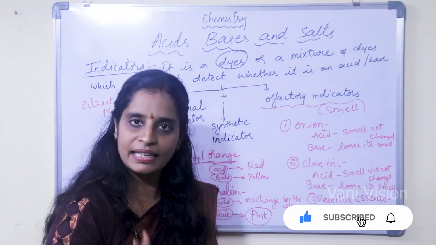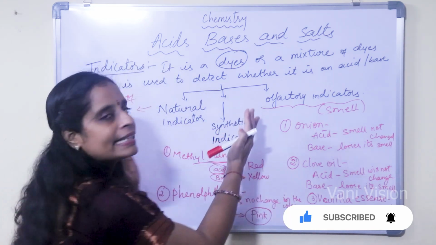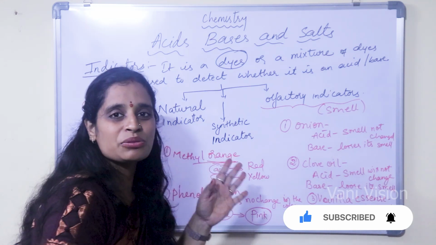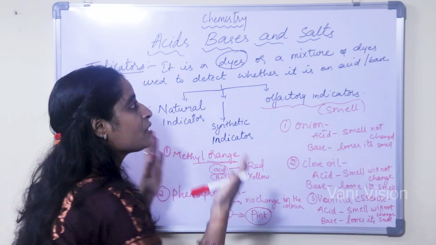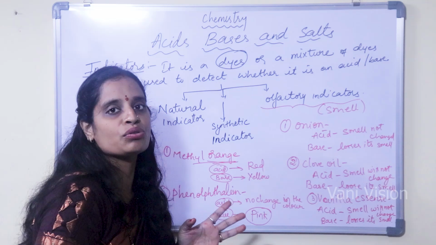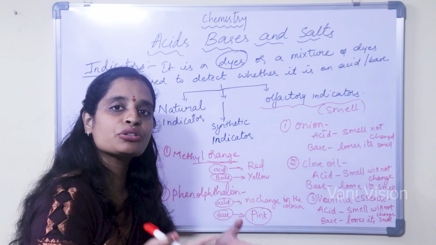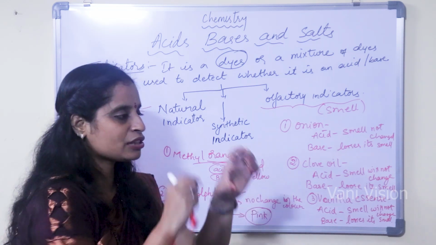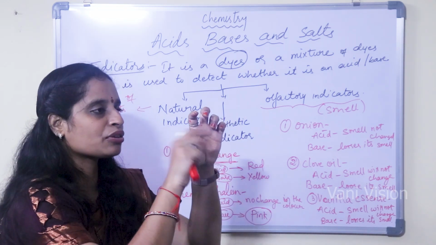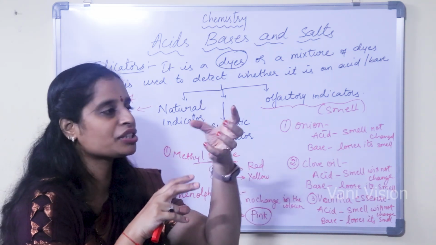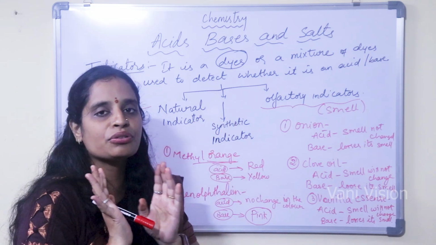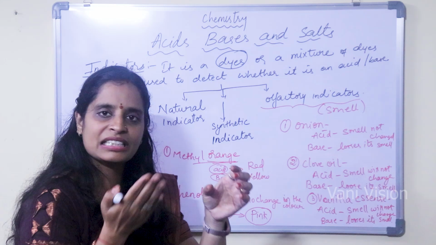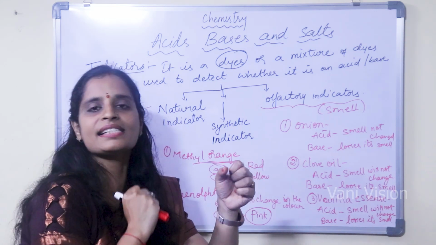So I think it is very clear what indicators are and for what purpose we are learning this. These indicators help us know whether a particular solution is an acid or a base solution. There is no label on it saying hydrochloric acid or sodium hydroxide. Before doing any reaction, we should know which solution it is.